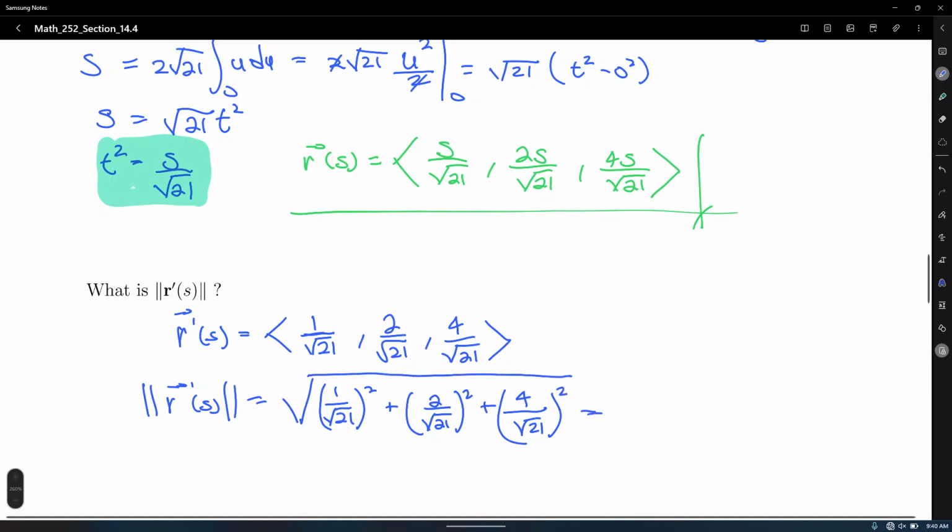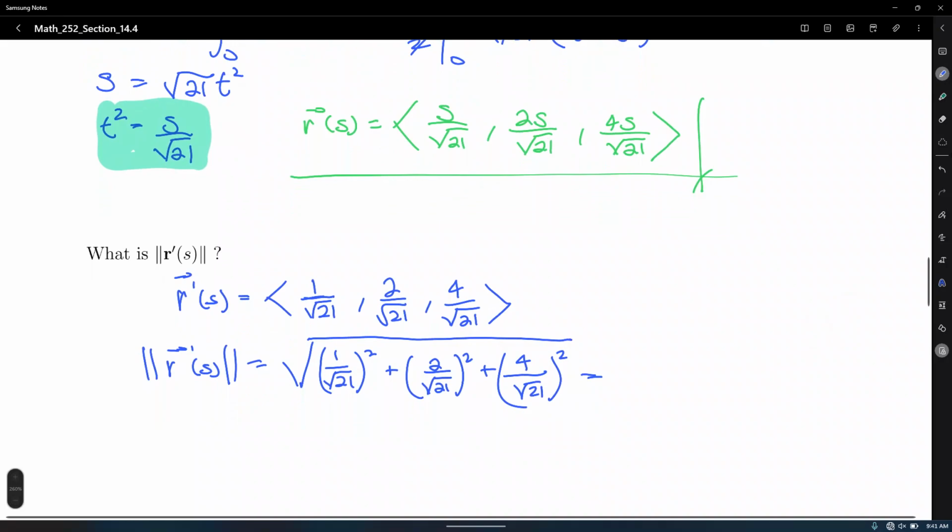Yes, it looks ugly, but it will simplify to something really nice. You'll see. Okay, so in the denominators, those square roots of 21 being squared, the square cancels the square root.